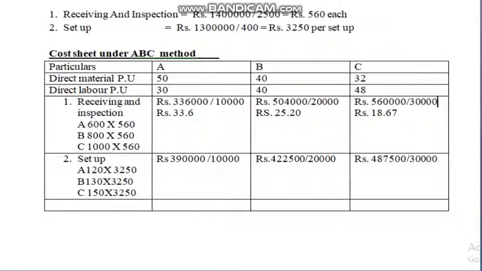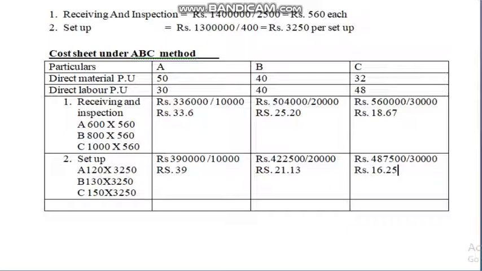So we'll get cost per unit rupees 39 for product A, and for product B rupees 21.13, then for product C rupees 16.25.